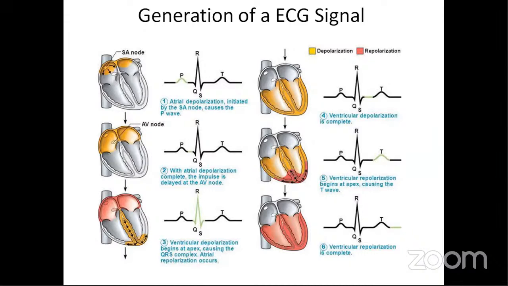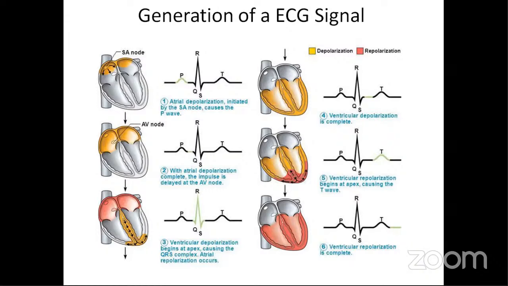First, the SA node is a natural pacemaker. It generates an impulse, and then depolarization takes place, which causes the P wave. Second, the impulse is delayed at the AV node, and with this the atrial depolarization is completed.